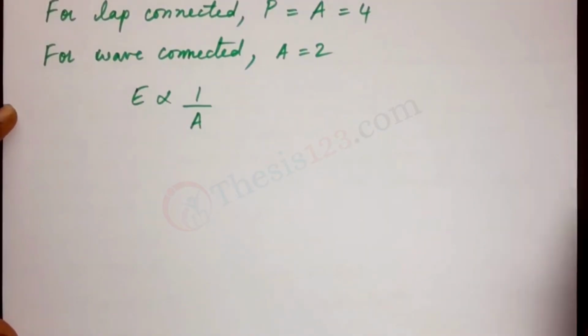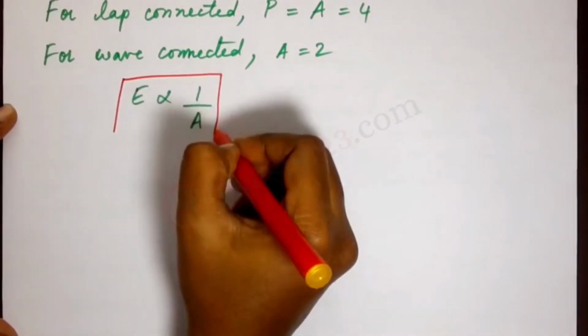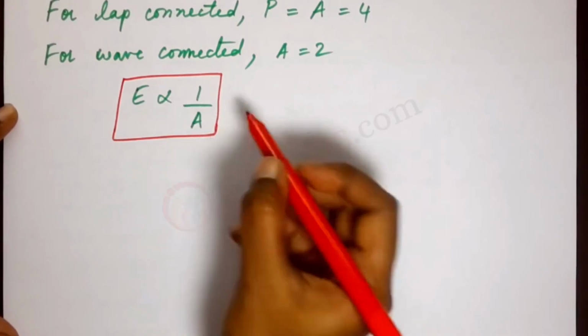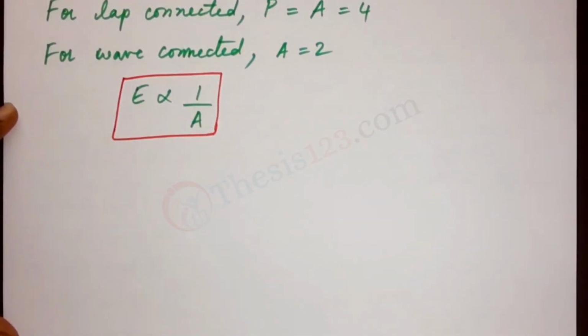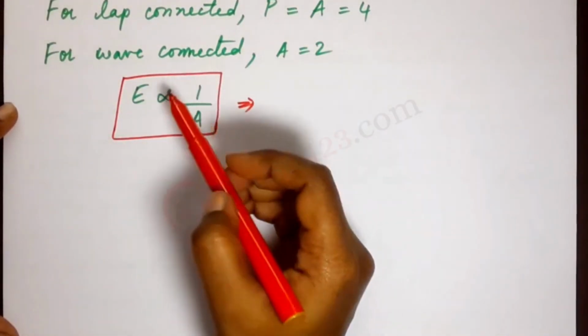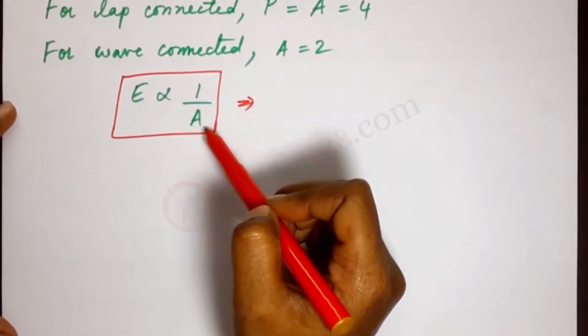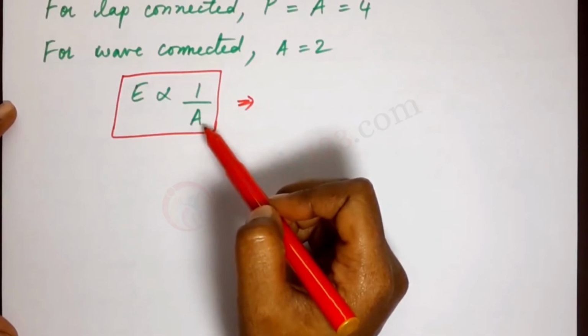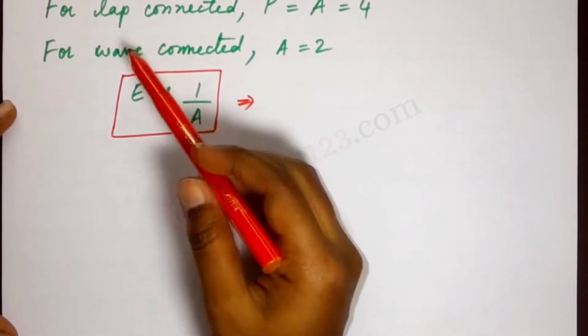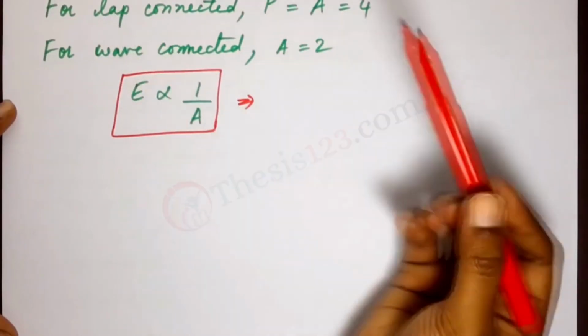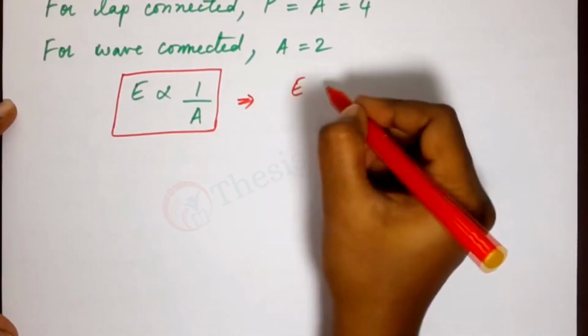The induced EMF is inversely proportional to the number of parallel paths. This is an important relation and it will help in most questions that deal with this concept. Now, if the induced EMF is inversely proportional to the number of parallel paths, we can write a relationship between them of lap and wave wound. So take a look at this.